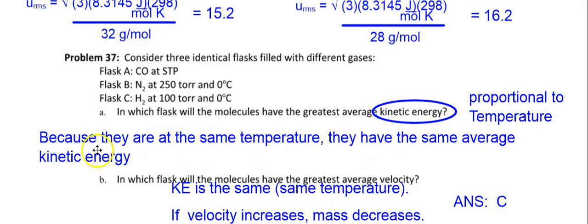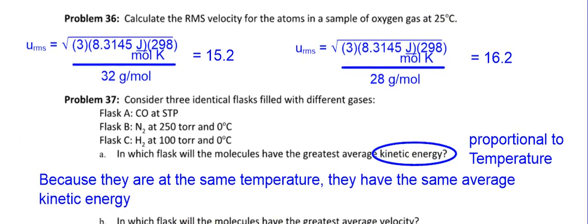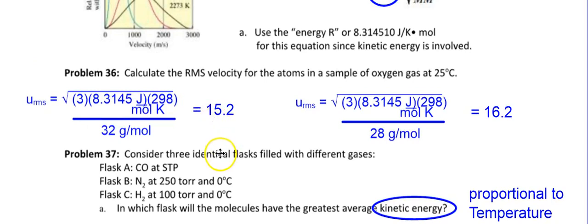So go back up here. Which one has, let's say, the highest average velocity there? The one that is the lightest. So here's oxygen at 15.2. There's its velocity. And here is nitrogen. Remember I had you do that.